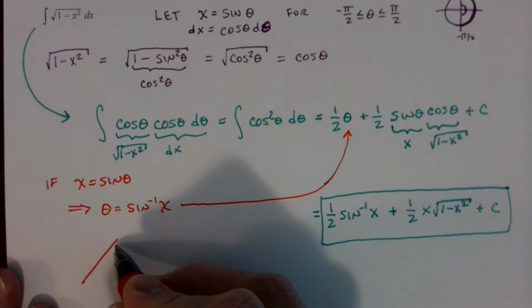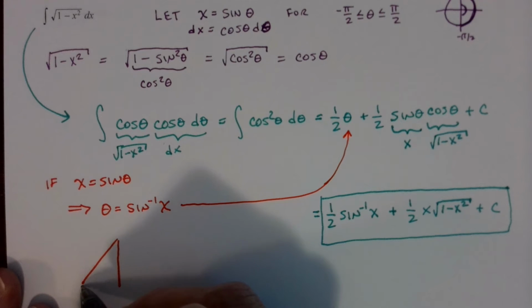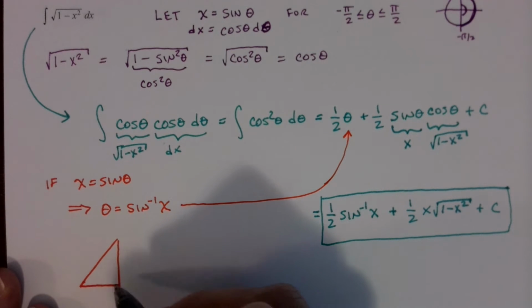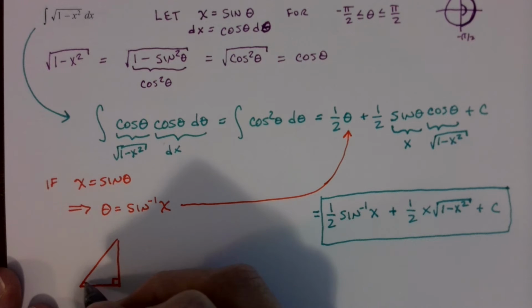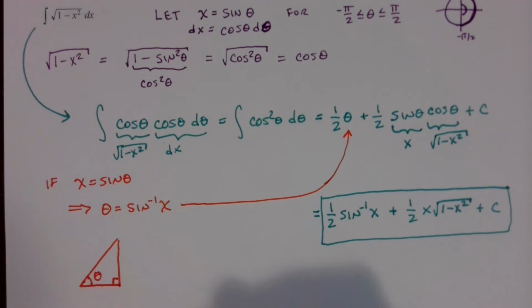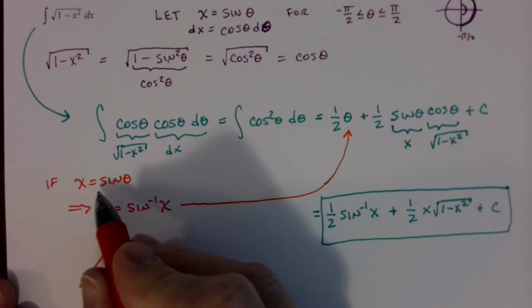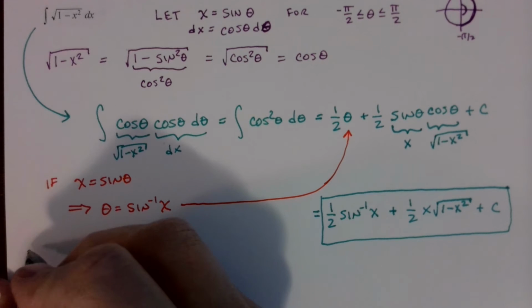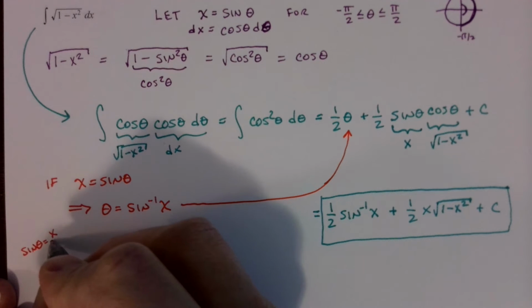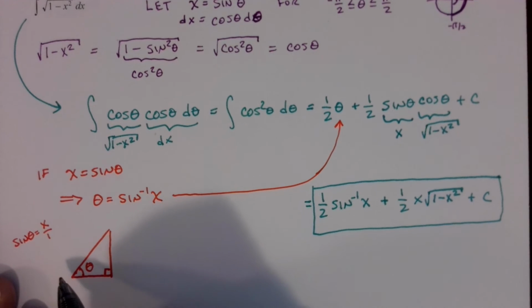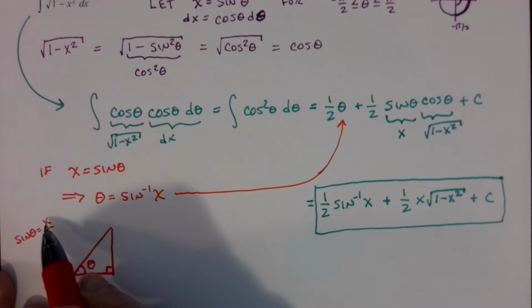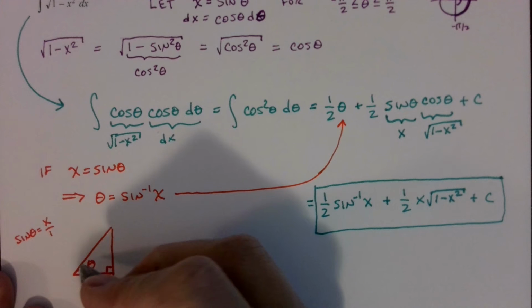If you remember our definitions in terms of a right triangle of our trig functions, so if I call this theta, then sine of theta is x over 1, right? So sine of theta is x over 1. And remember what sine of theta is in terms of this right triangle.